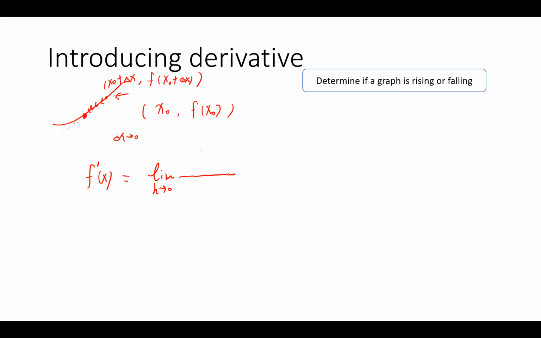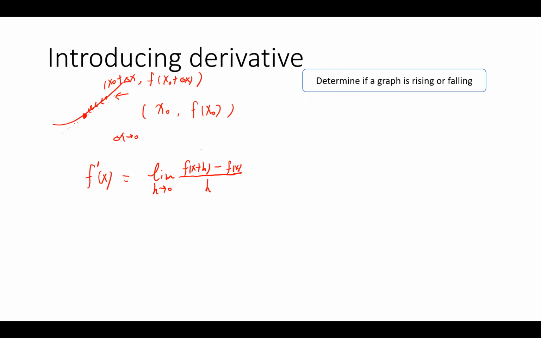So what is the expression? It will be the slope of the line that connects these two dots, right? So we have the h, which is the distance, and also the difference between the y evaluations: f of x plus h, the new point, and then the old point. So this is the definition of the derivative.